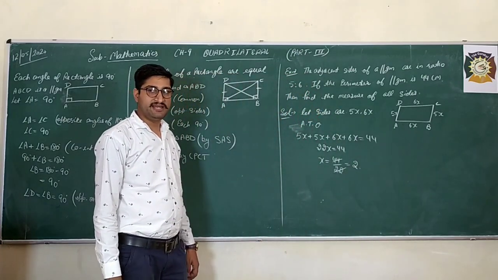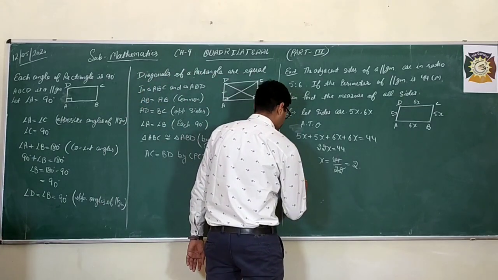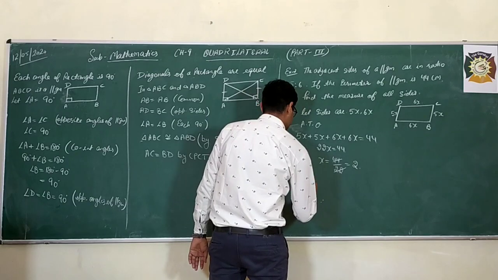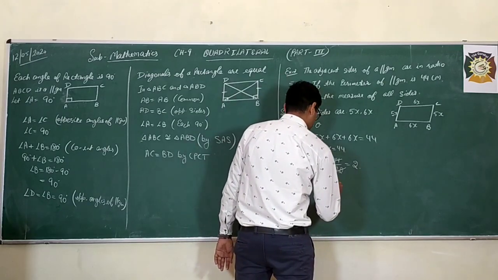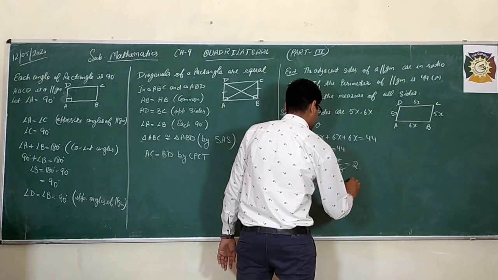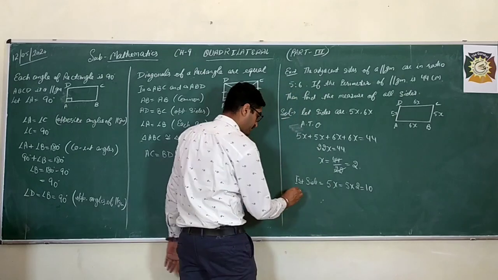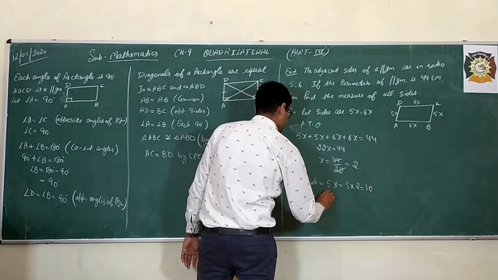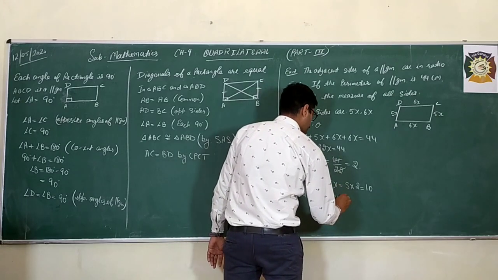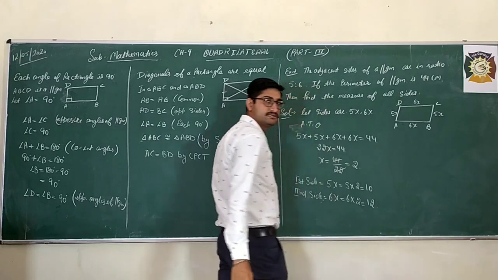We have to find the values of the sides. So, first side is equal to 5x, that will be 5 into 2, 10. Second side is equal to, that will be 6 into 2, that is 12.